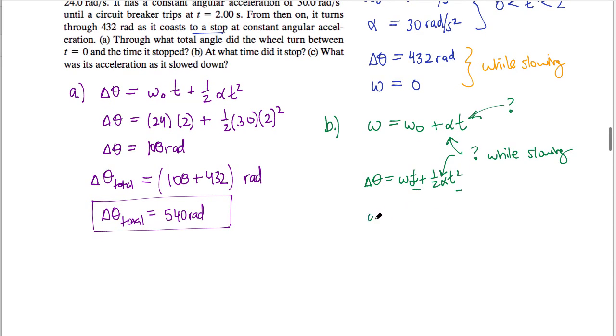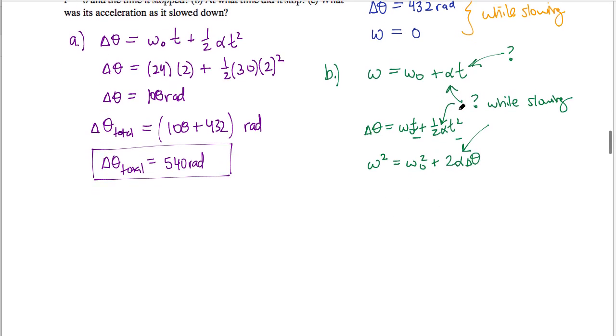And finally, we have our other equation, which is omega squared equals omega naught squared plus 2 alpha delta theta, which is our third kinematic equation. And here we have every single bit except for alpha. So we can use this equation to find alpha. So let's go ahead and do that, since we need alpha to find our time.